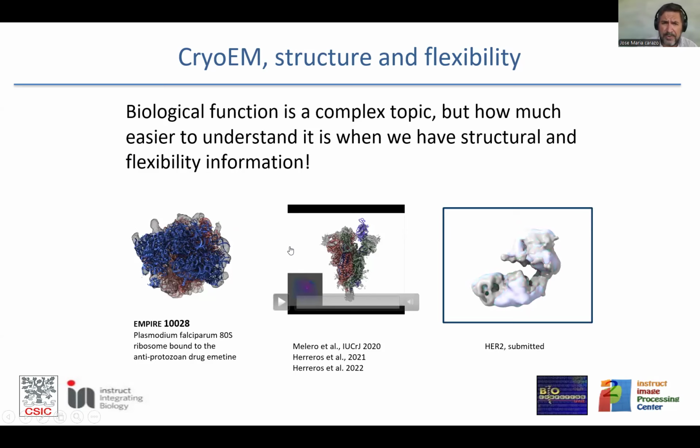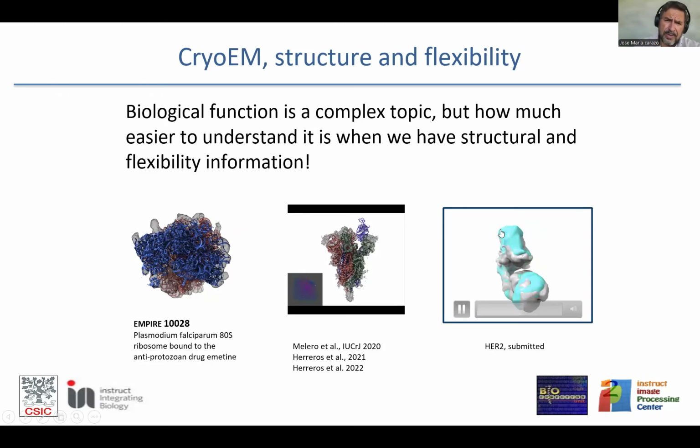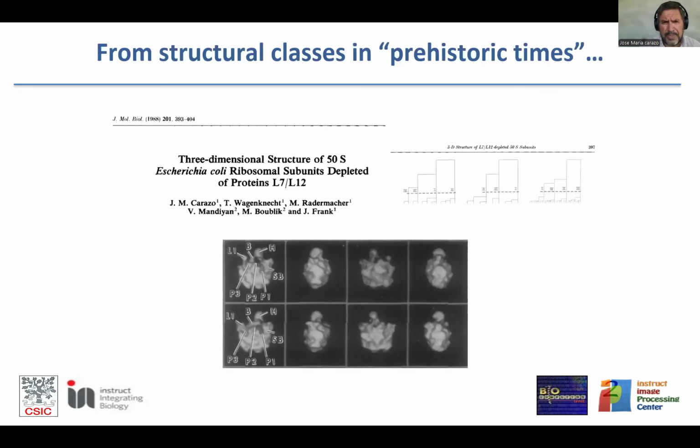This, of course, you know very well, is the spike of SARS-CoV-2, and this would be one of the case studies, probably the deepest case study we go through. And we are also working on factor HER2 and the huge flexibility of that protein.